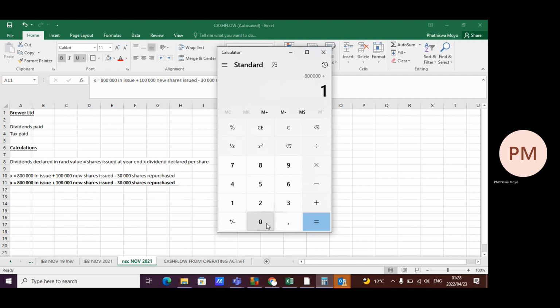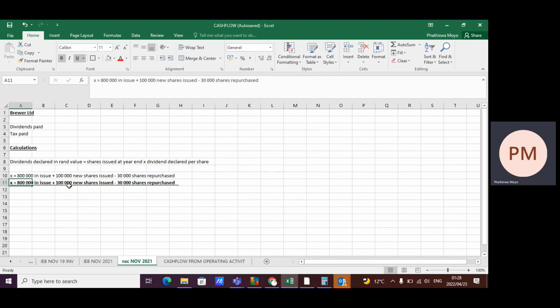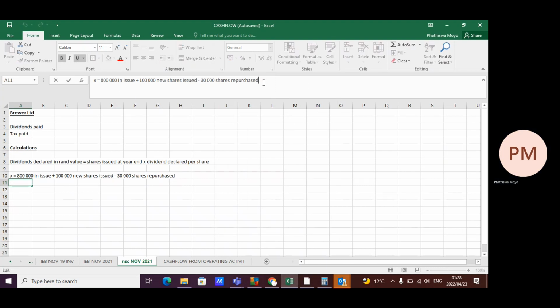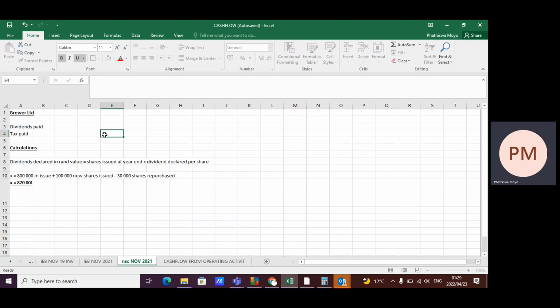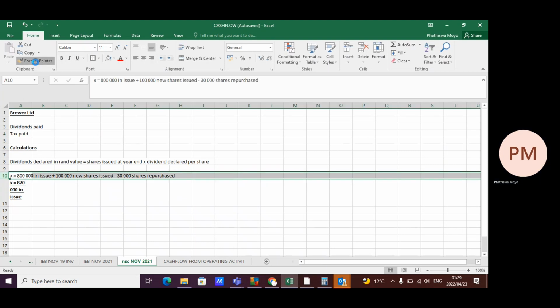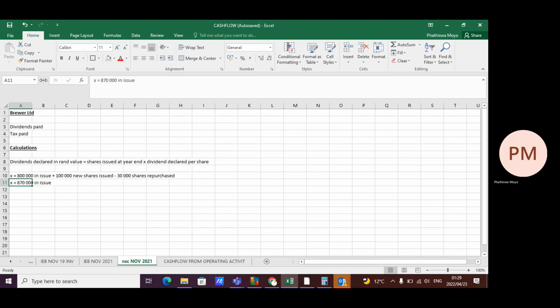It's 70 shares at year end, the shares issued. So now calculating the dividend declared.